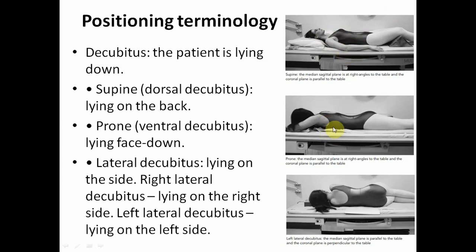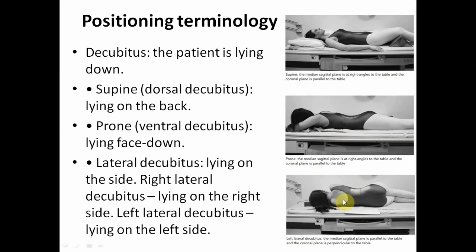If the patient is in a prone positioning, the anterior part of the patient is touching the table, it's called ventral decubitus, meaning lying face down. The next one is lateral decubitus. This is the lateral decubitus, where the patient is lying on any side, as I told previously.